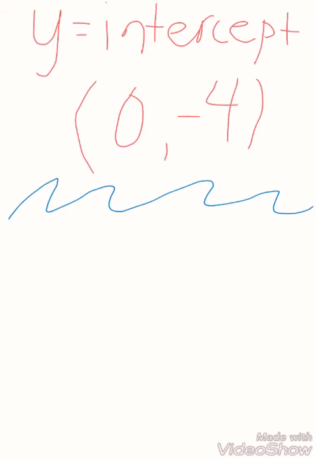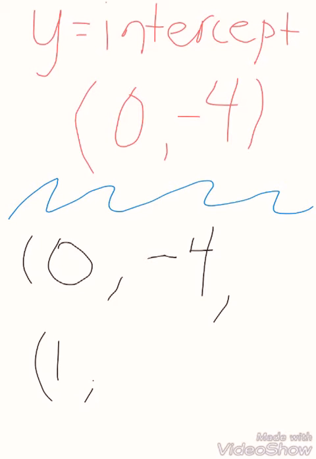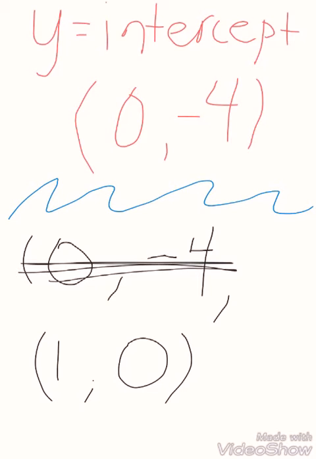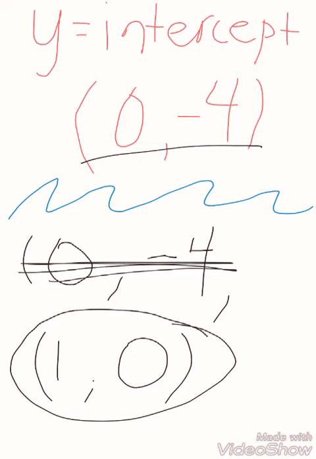These are the two other points, or we can just cross this out because it's already here. So we can have 1 and 0.